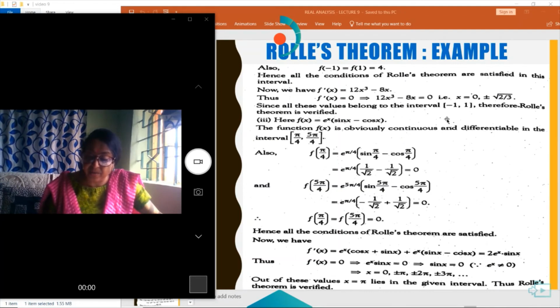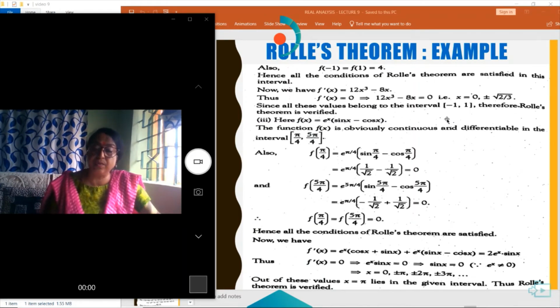And f(a) is equal to f(b), here f(-1) is equal to f(1) equal to 4. Hence, since all the three conditions are satisfied, Rolle's theorem is satisfied. And f'(x) is equal to that much, and putting this equal to 0, we get x equal to 0 or plus minus root of 2 by 3, which lies between this interval minus 1 and 1. Therefore Rolle's theorem is verified.